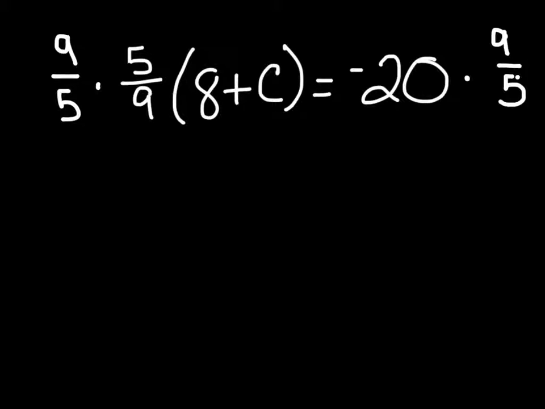What happens to my 9s on this side? They cancel out. And what happens to my 5s? They cancel each other out as well. And what am I left with on this side? 8 plus c.